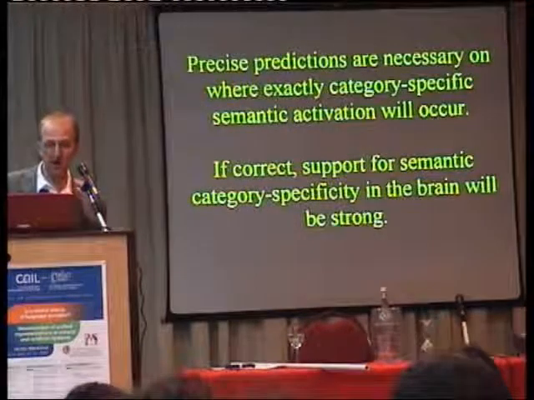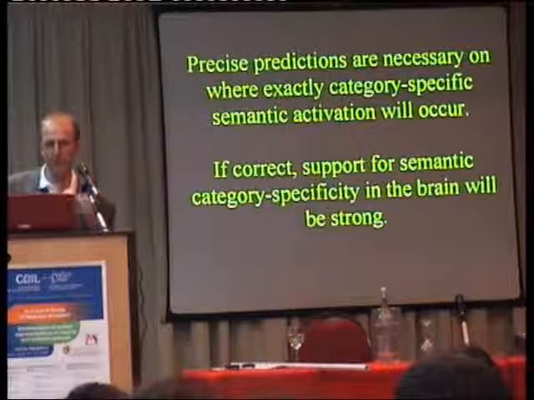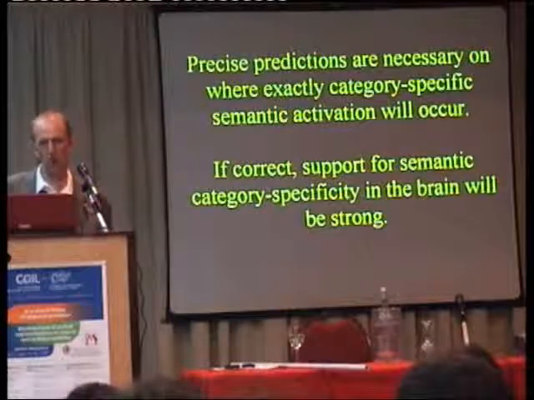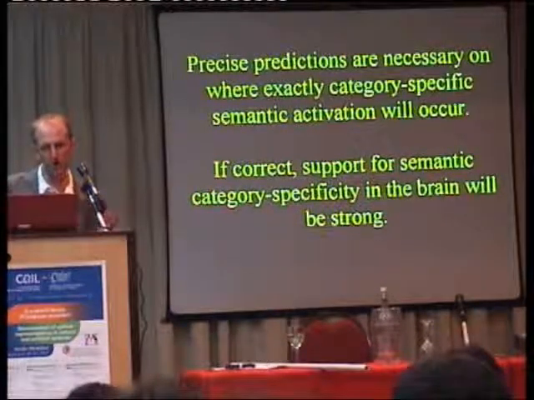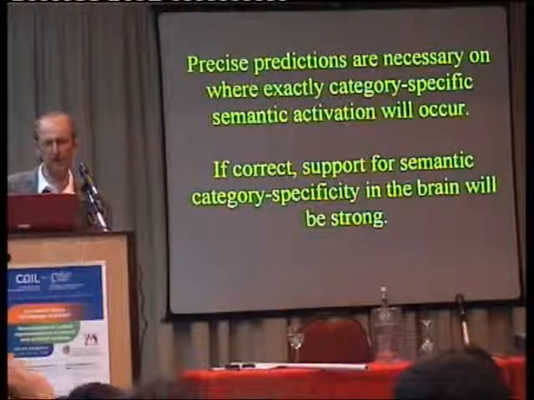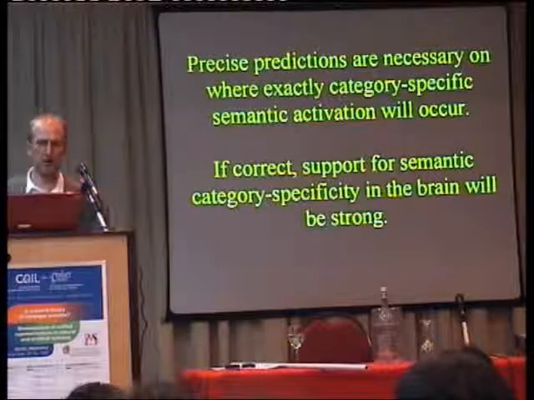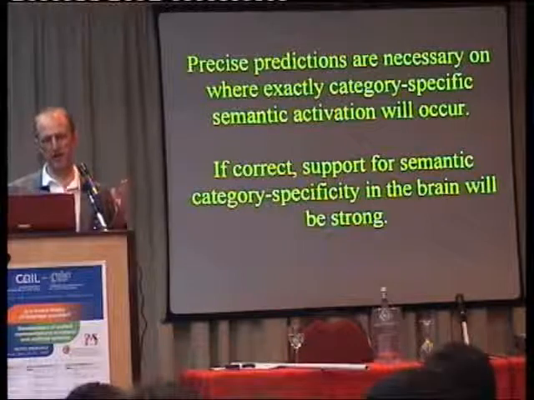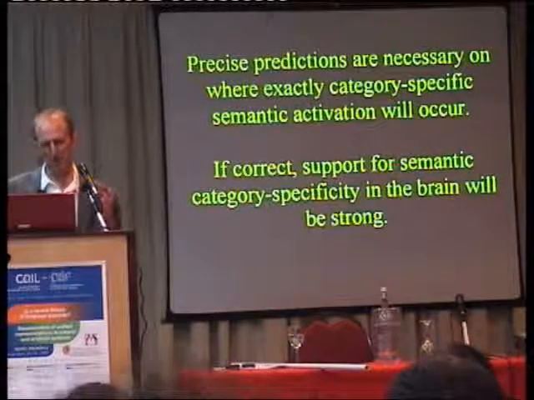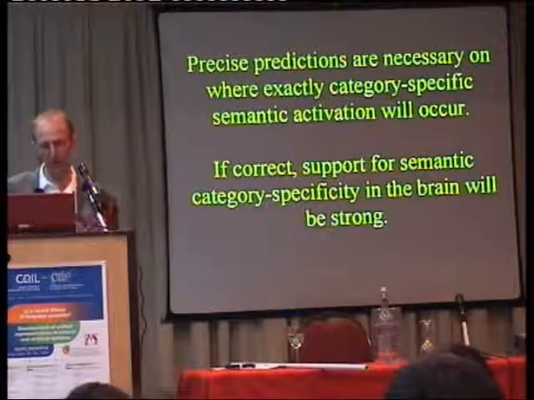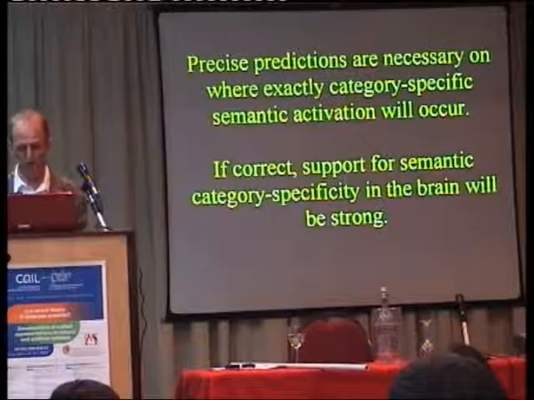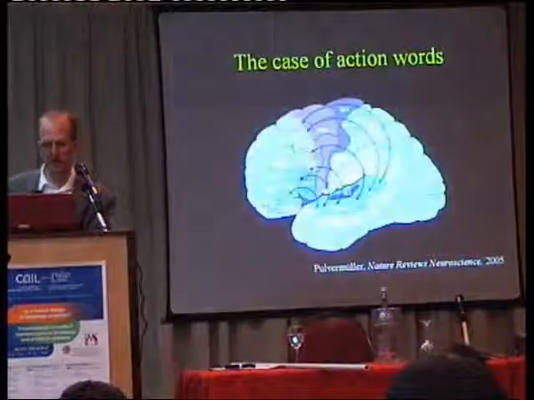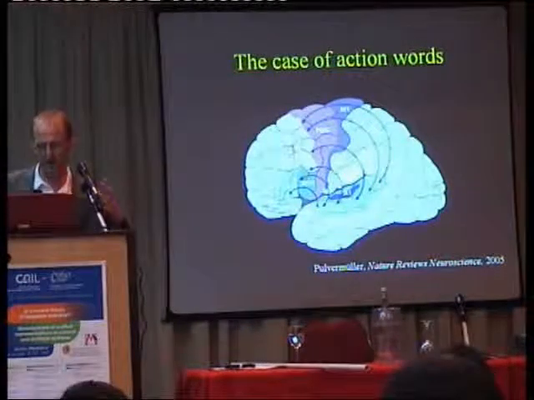So from this perspective, it might be desirable to have precise predictions on where exactly category-specific semantic activation will occur, and if one could make an a priori prediction where the semantic activation should occur, and could verify that, one would have stronger support for semantic category specificity.